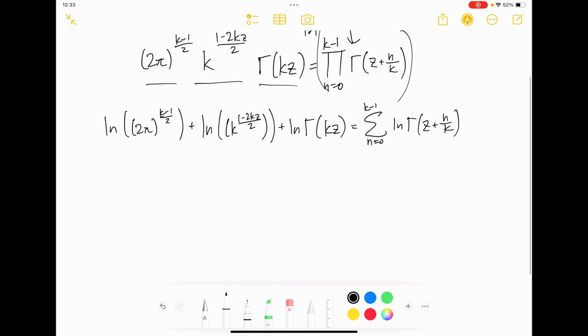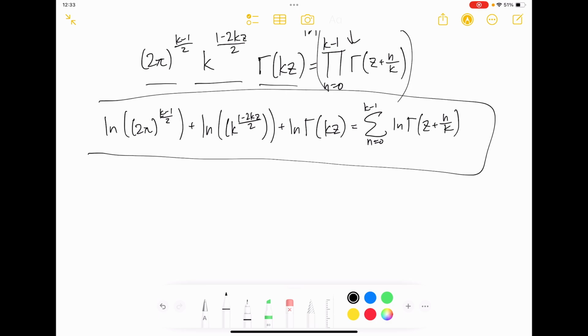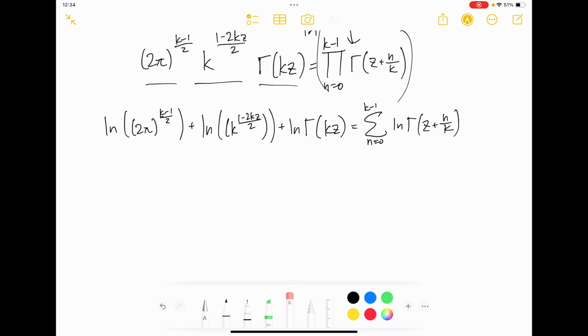And now, because we want the trigamma function, and as I said, it's the second derivative of the logarithm of the gamma function, why not take the second derivative of this monstrosity? And to do this, we are going to differentiate with respect to z, because z is our variable that we want to switch here.